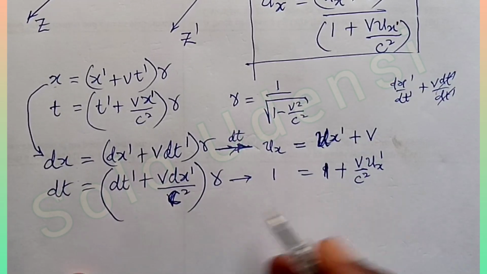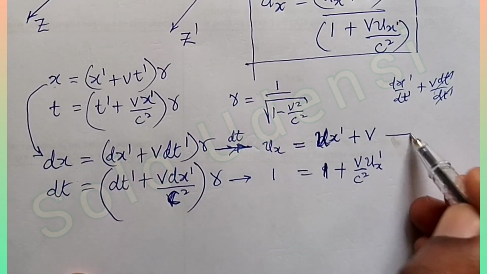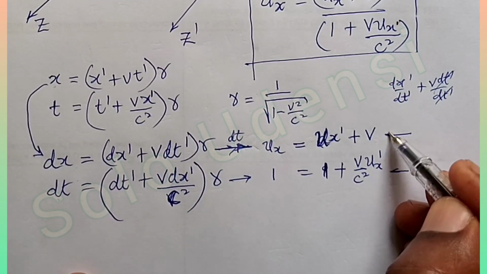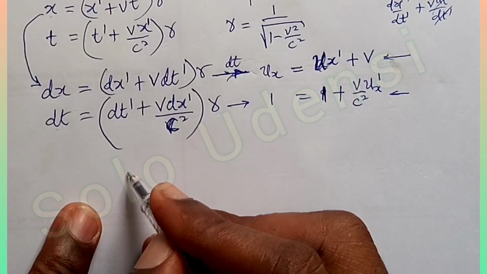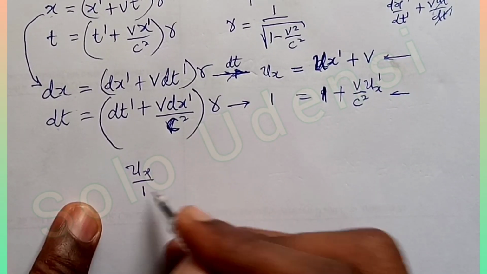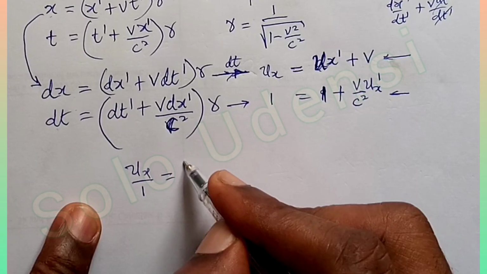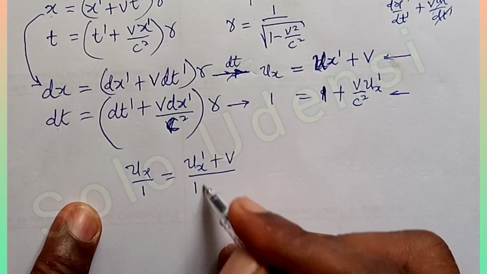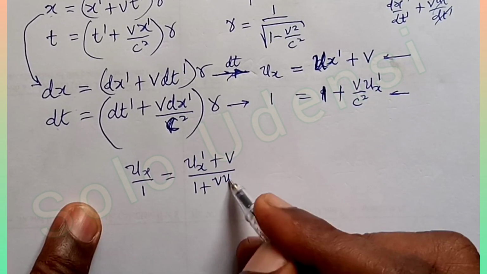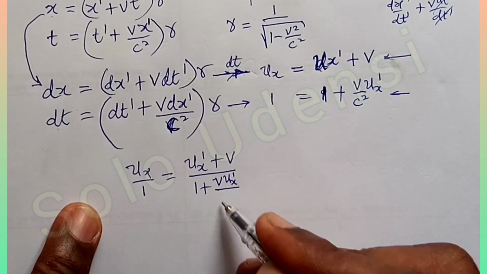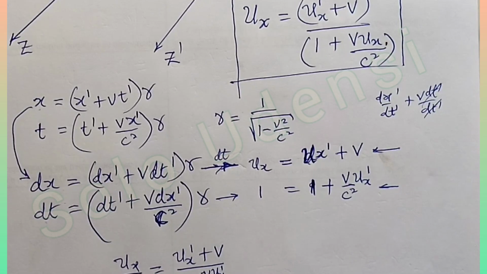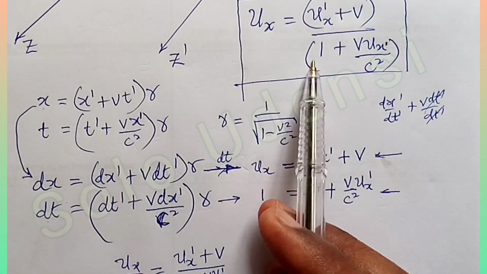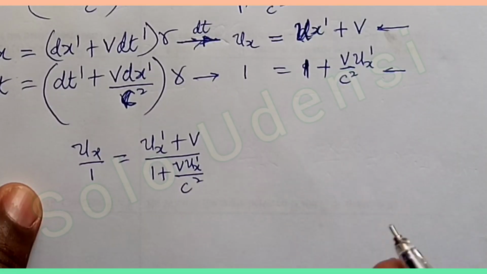So you now see that this equation over this equation gives ux over 1 is equal to ux prime plus v all over 1 plus v ux prime all over c squared. That's what we have, and it's the same as the equation we set out to derive.